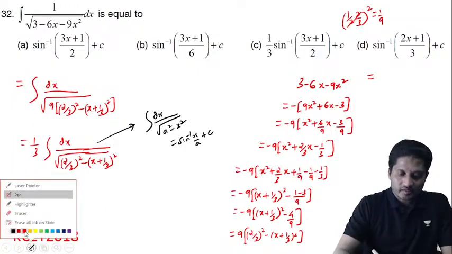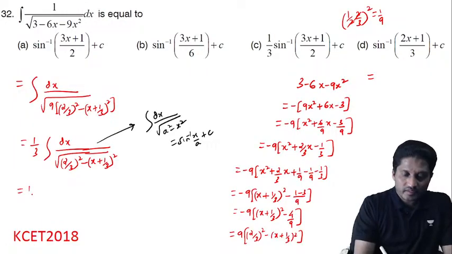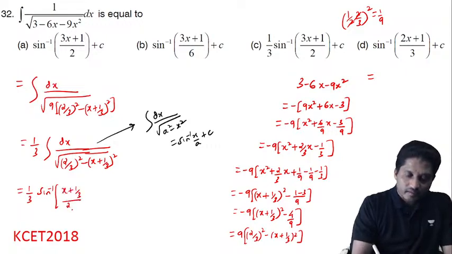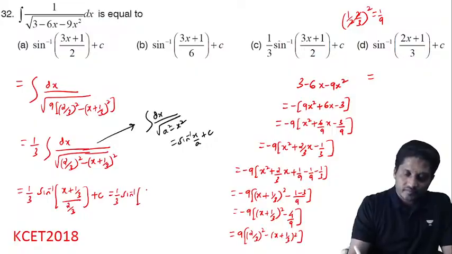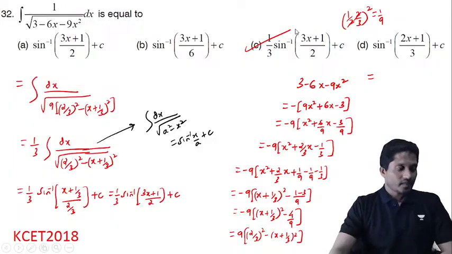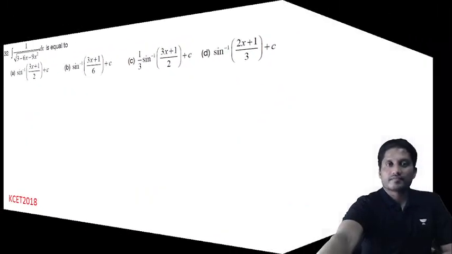It can be written as 1 upon 3 sine inverse of x plus 1 by 3, divided by 2 by 3, plus c. 1 upon 3 sine inverse of, if I take LCM 3, we'll get 3x plus 1 whole divided by 2, and plus c. Right, answer is option. Let's move to the next question.